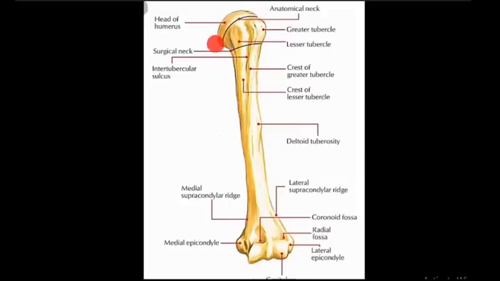This part fits into the shoulder joint, which is called the glenoid cavity, and it permits multiple movement planes. And then at the base here, the humerus connects to two smaller bones called the ulna and the radius. Those are the two bones in the lower arm of the organism. So that is what the humerus is about.